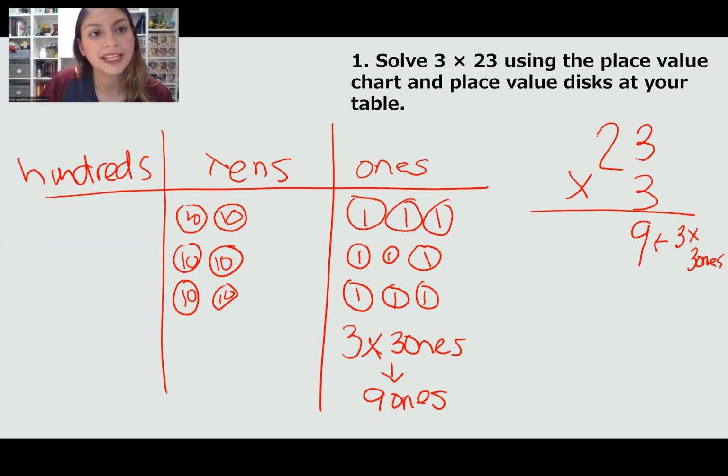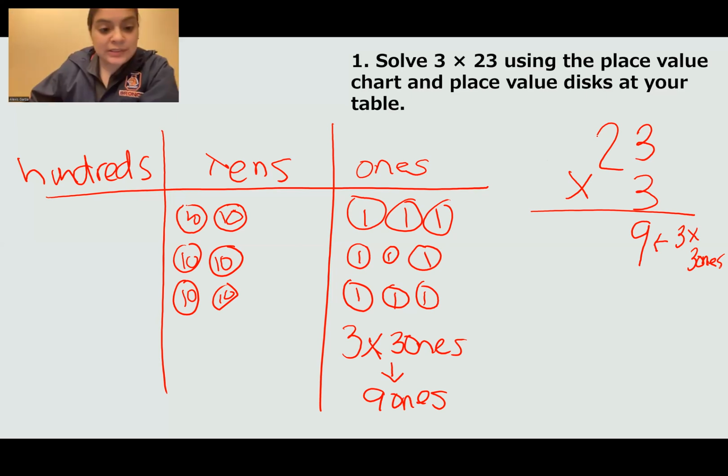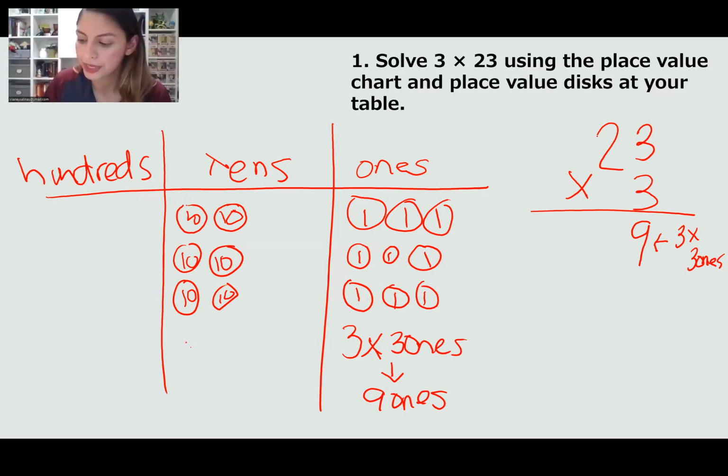Now back in our place value chart, what is 3 groups of 2 tens equal? That would give us 6 tens. Great, so let's go ahead and write that 3 groups of 2 tens equals 6 tens.